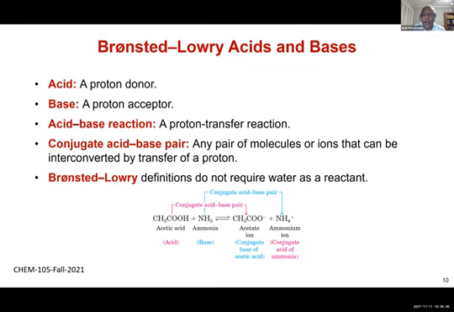Whatever acetate ion is found on the product side is the conjugate base of acetic acid. So for the conjugate pair, the difference between acetic acid and acetate ion is a proton. Between ammonia and ammonium ion is a proton. Conjugate pairs are related by a proton. Therefore, it's easy to identify conjugate acid-base pairs.